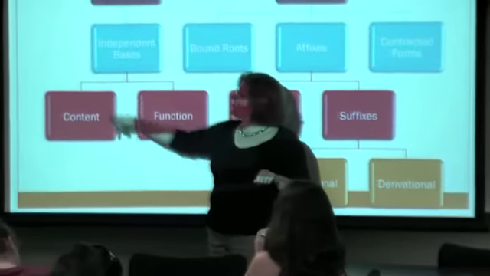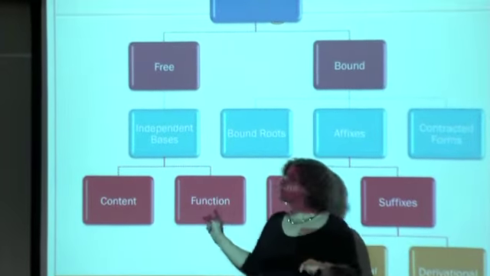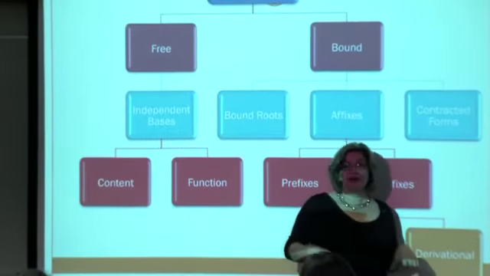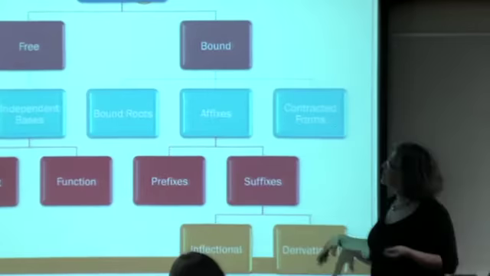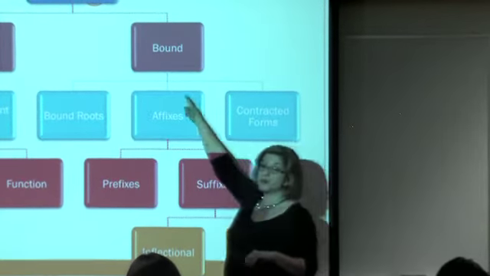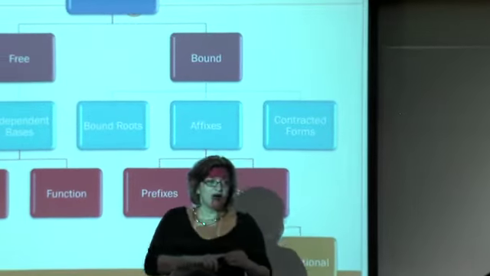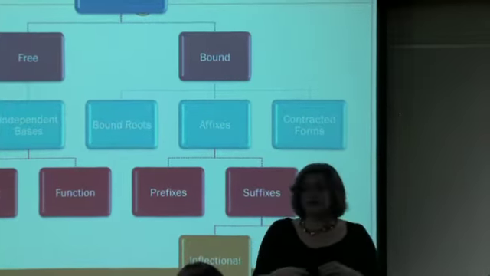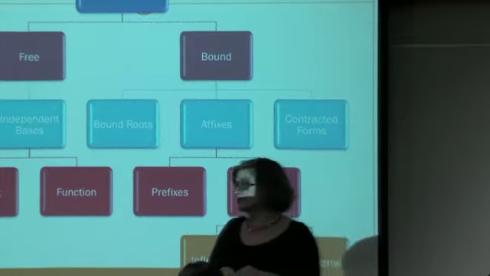So with the free morphemes, we've got the function words and we also have the content words. But content words can also be made up of words that include bound morphemes. So bound morphemes are the chunks of words, the units of meaning, that can't stand alone.